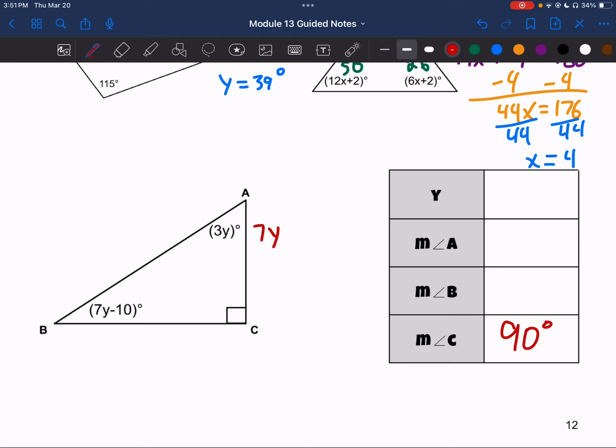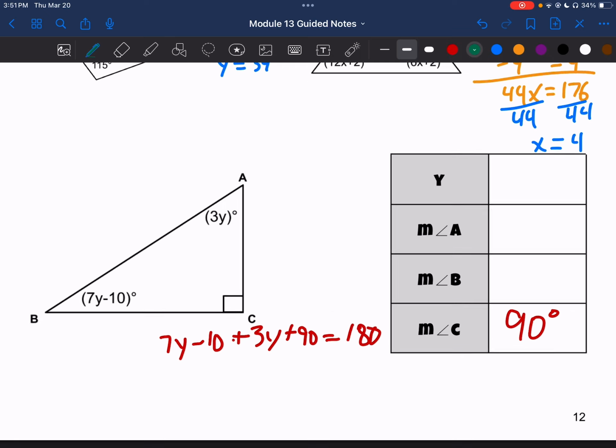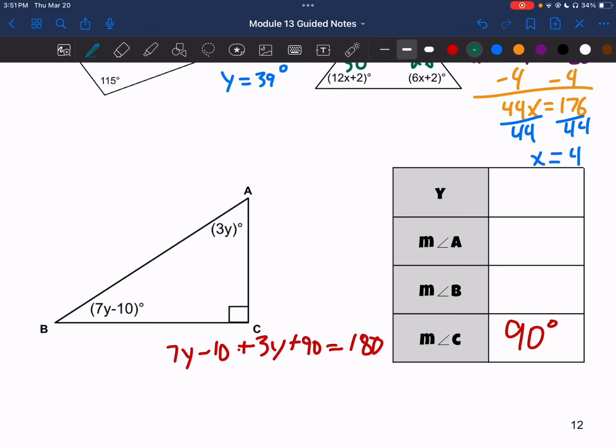So I'll do the full work, 7y minus 10 plus 3y plus 90. And we're going to move this down so we have a little more room. Plus 90 equals 180. So if you're using Triangle Sum Theorem, that's the work that you get. Now, combine like terms. 7y plus 3y is 10y.